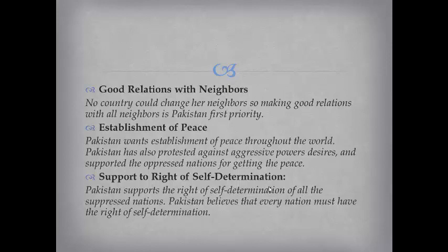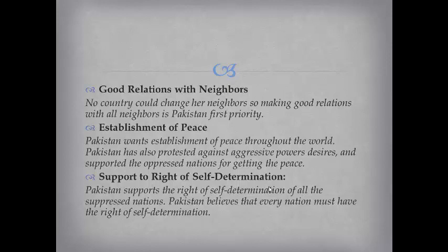From her very independence, Pakistan has adopted the fundamental principles of international law, with special reference to respect for independence, non-aggression, and non-interference in international affairs as an indispensable condition for peace and prosperity.